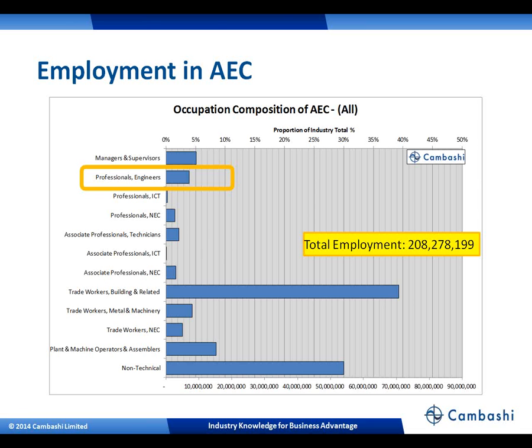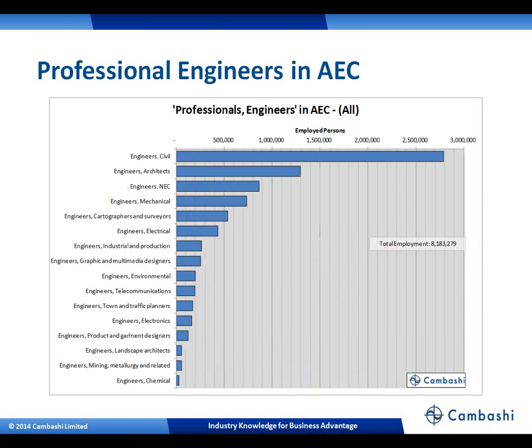So let's drill down. This view from the Employment Observatory is of the professional engineers in AEC in a bit more detail. Down the left-hand side, you can see that there's data on 16 different engineering disciplines. The total, as I said, about 8 million professional engineers, and no real surprise that the majority, this group at the top, are civil engineers.